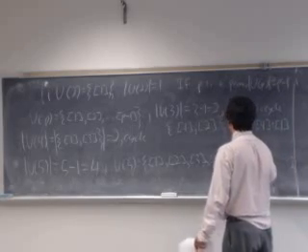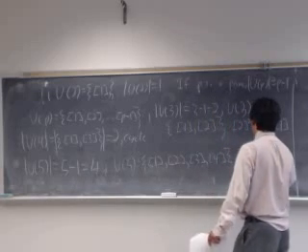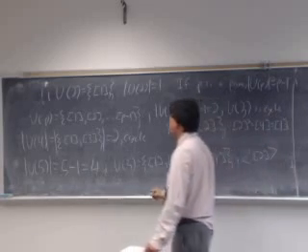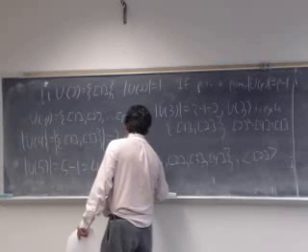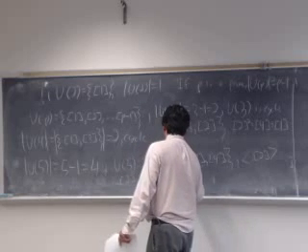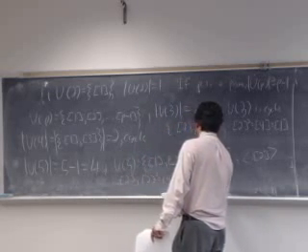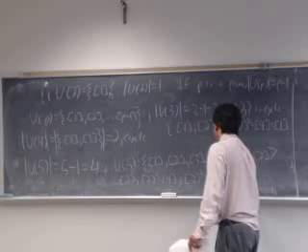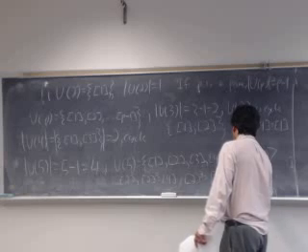So let's look at the cyclic subgroup generated by 2. So it certainly has 2. And it has 2 squared, which is 4. And it has 2 cubed, which is 4 times 2, which is 8. And mod 5, 8 is equivalent to 3.